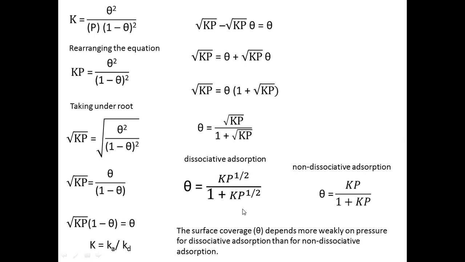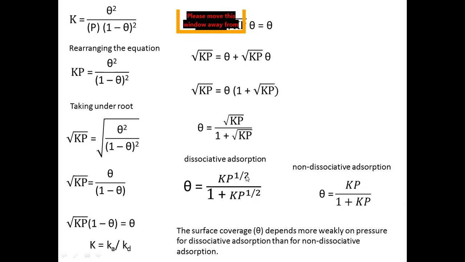K is the constant, and you can say in both equations K and 1 plus K will remain the same. The only difference is the pressure. So here the pressure is having power 1, and here pressure is having power half. That means half of the power as compared to the pressure in case of the non-dissociative adsorption.